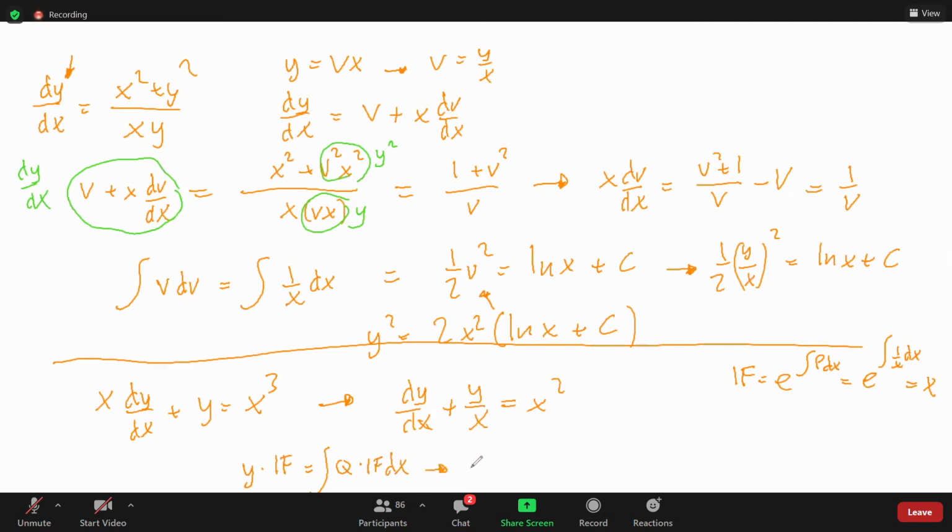So for us, we have y times the integrating factor, which is x, is equal to the integral of q, which is x squared, times the integrating factor, which is x in dx. So this becomes x cubed. So solving gives us y x is equal to 1/4 x to the power of 4 plus c.